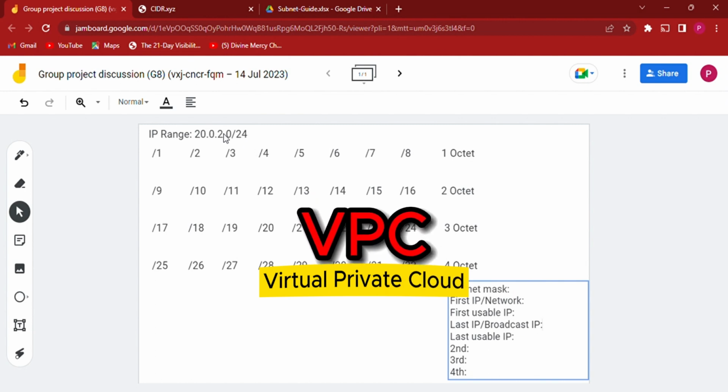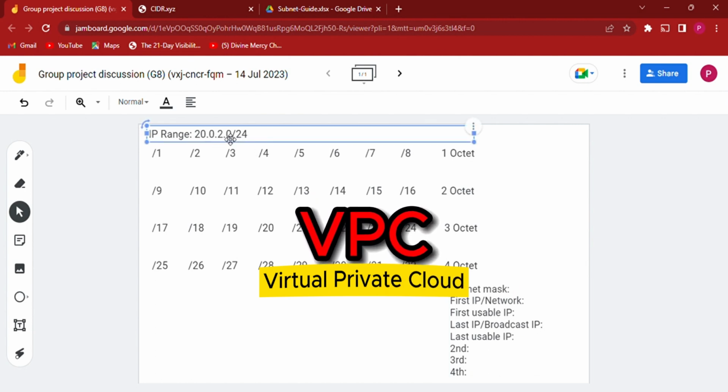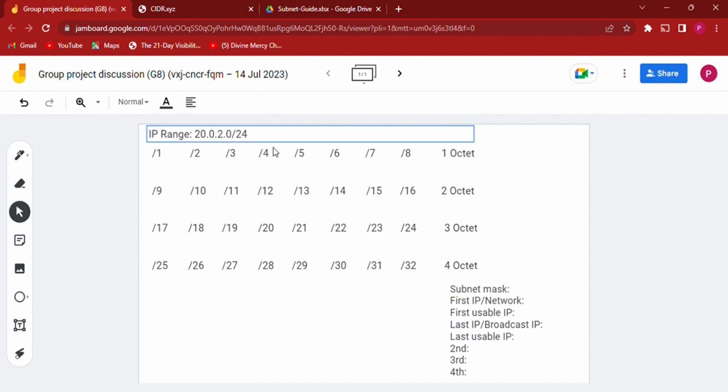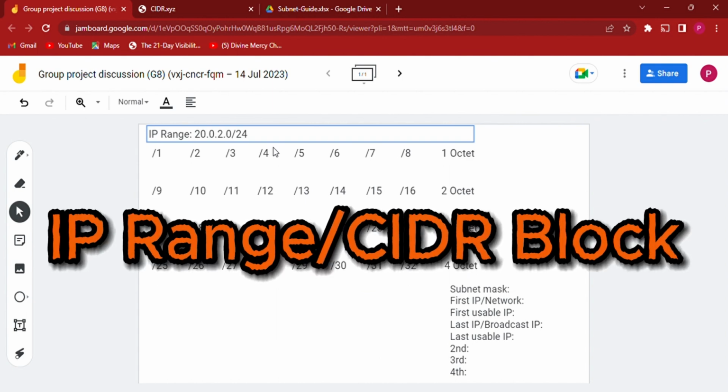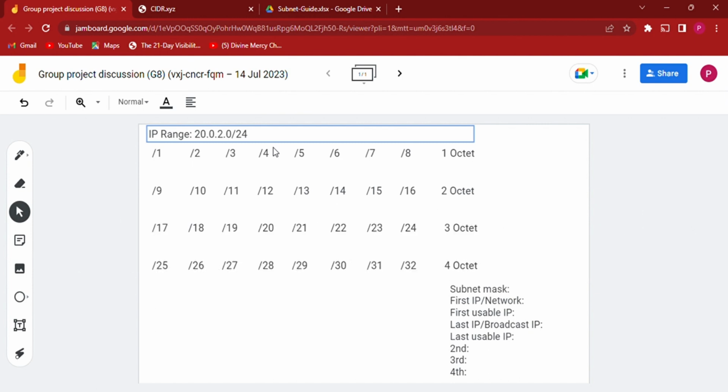So this is the IP range that I chose, let's say, for my VPN. If you are creating a VPN in AWS, you are supposed to choose an IP range, which is the IPv4 CIDR block.